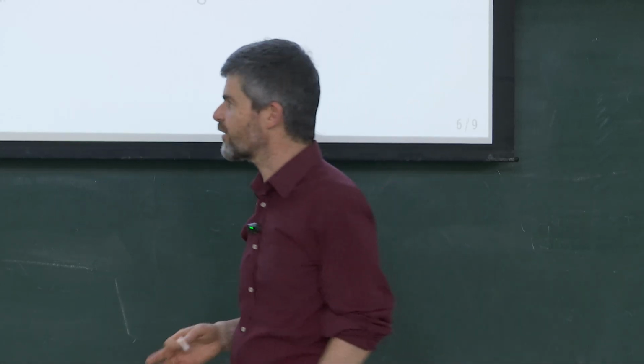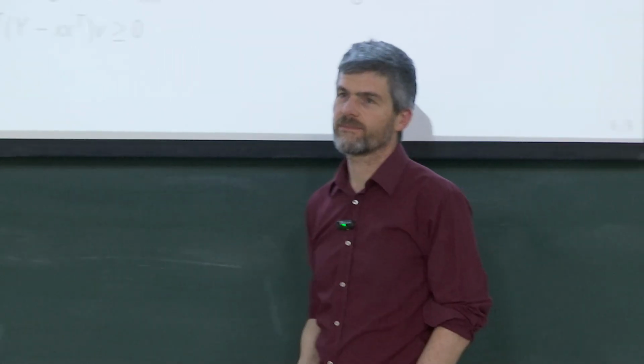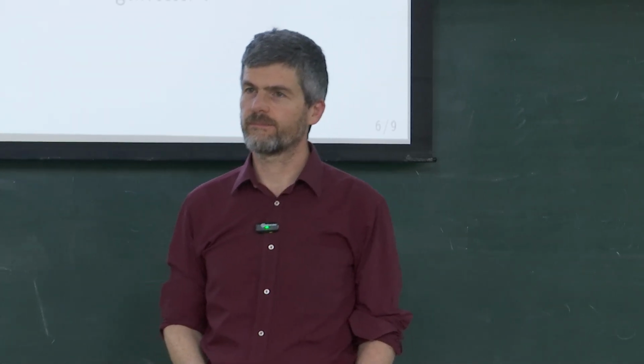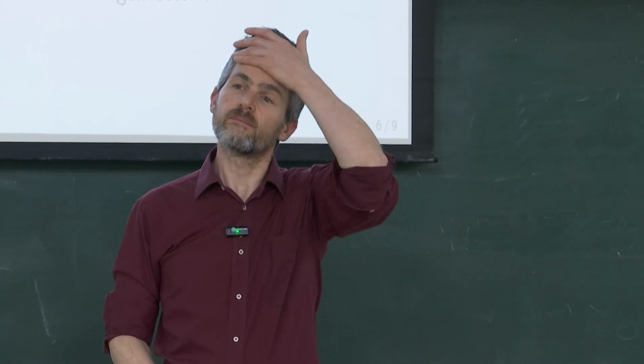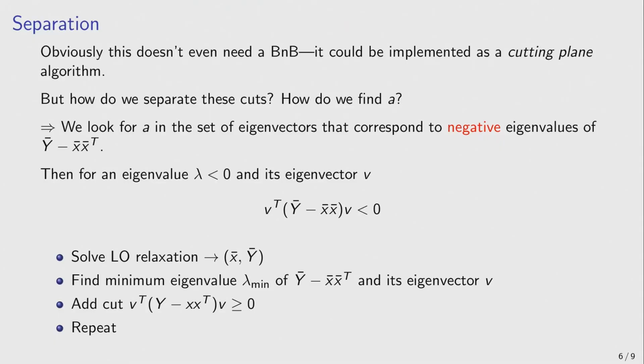It's wrong, I don't advise using it. We did it in the morning in a different session, but you can rewrite it as V times V transpose times Y minus (V transpose X) square greater or equal than 0, which means (V transpose X) square less or equal than a linear term.